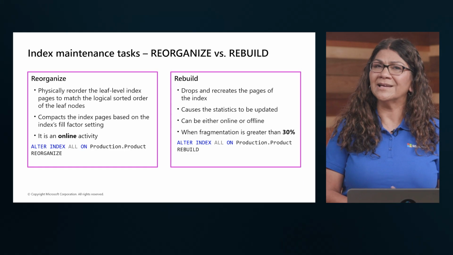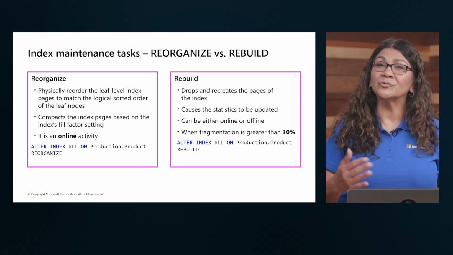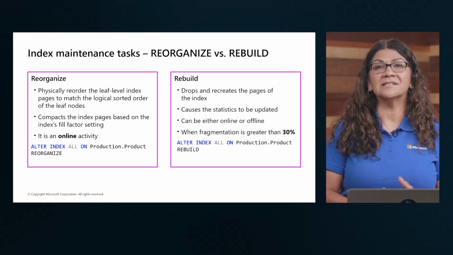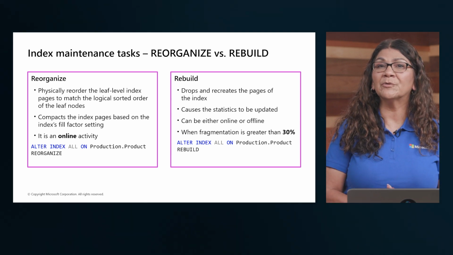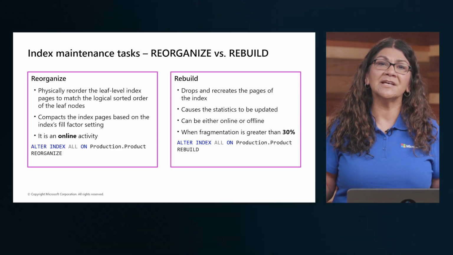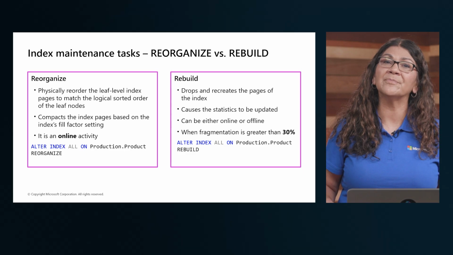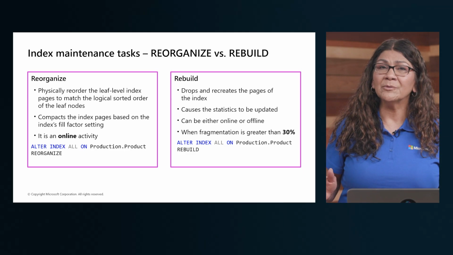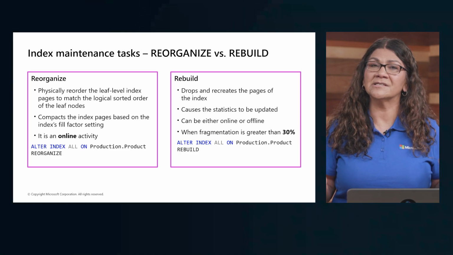Rebuild is a more intensive operation that drops and recreates the index pages, updating statistics in the process. It can be performed online or offline, and it is recommended when fragmentation exceeds 30%. This approach ensures optimal performance, but may require more resources.